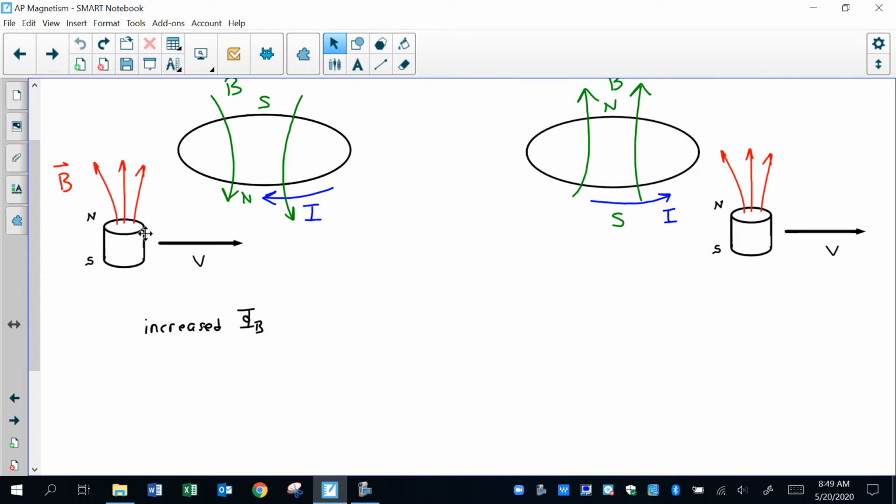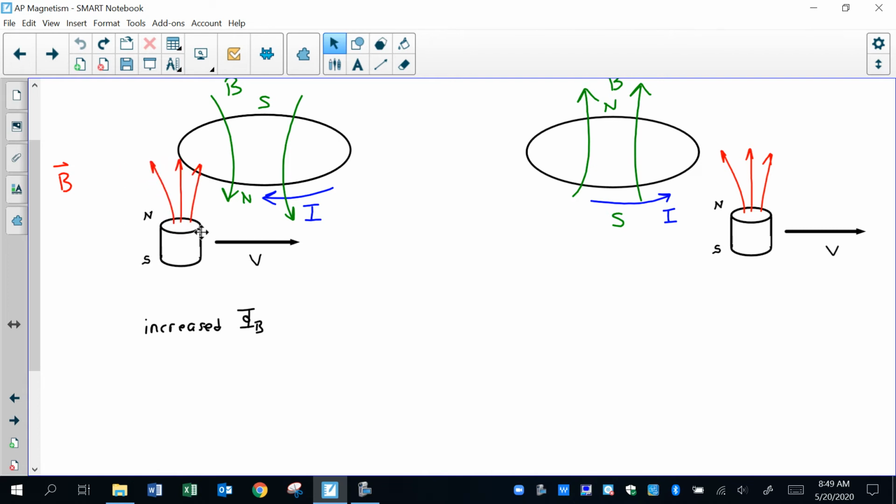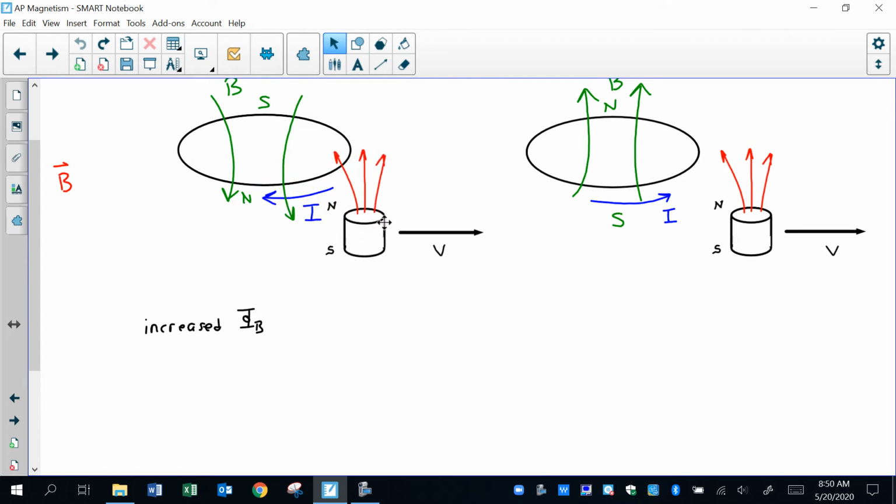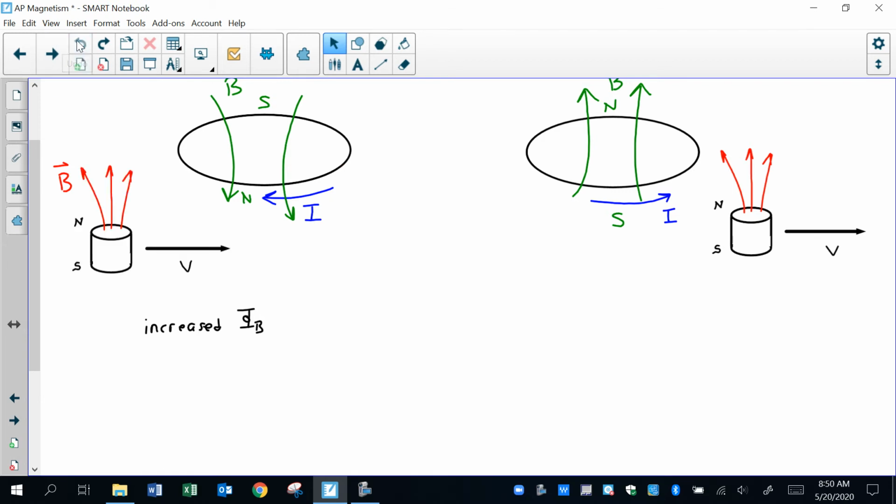So if I swing this right here, as I do this, I'm going to get a bigger and bigger magnetic flux until I get to right here, maximum flux. And then it starts to decrease as it moves away because the field line is going to be the strongest and most condensed right next to my magnet. So I get an increase and then a decrease in my flux through this wire.